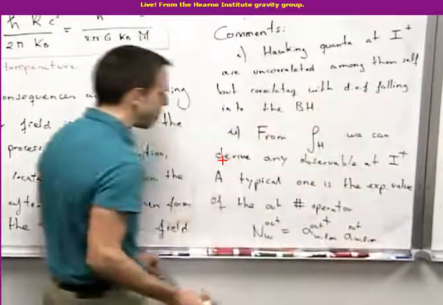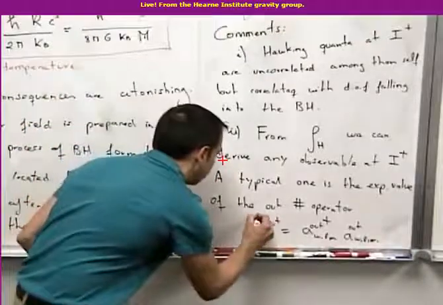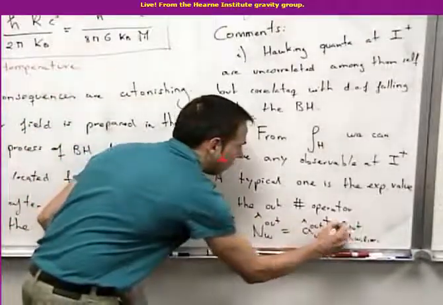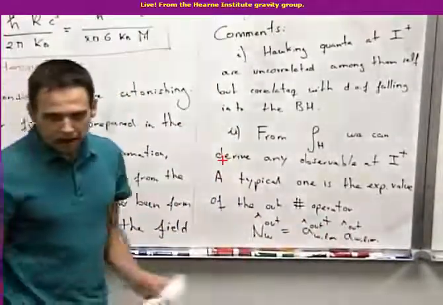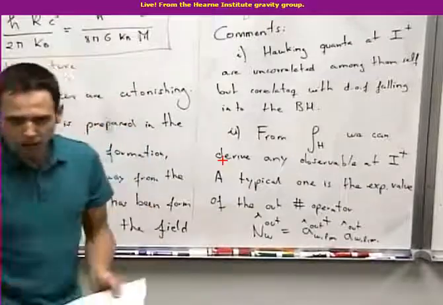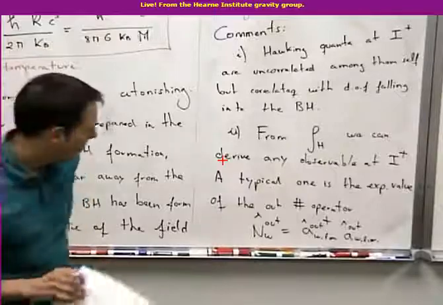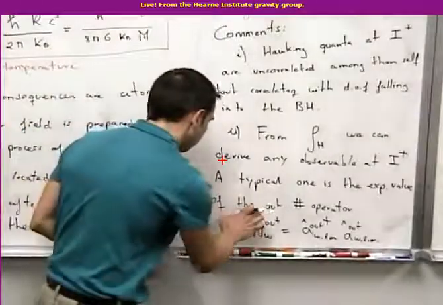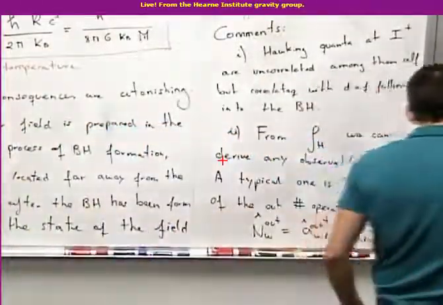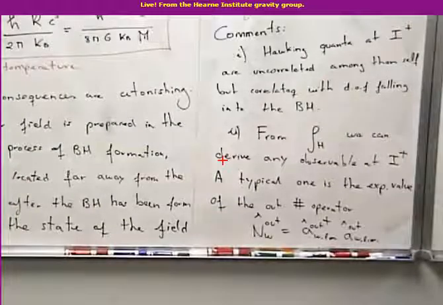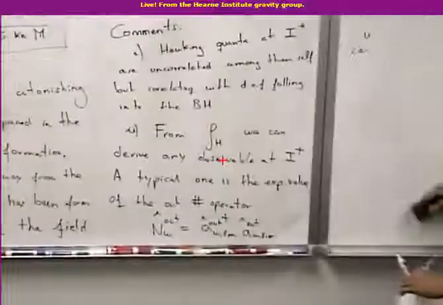So what is the expectation value of that operator? That tells me directly how many quanta you are expected to measure if you are at scri with a detector. In fact, this expectation value is what normally is presented as the derivation of Hawking radiation, and is in fact what Hawking obtained.